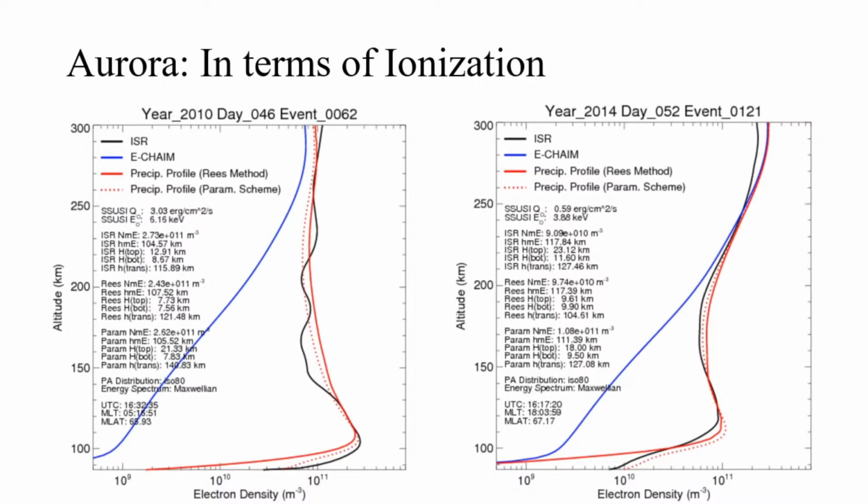What this means in terms of that profile of the electron density that you were imagining before, which is roughly given by this blue line here, is that ionization causes a substantial enhancement in the electron density and ion density, or plasma density, of the ionosphere, given by this black curve here. Similarly, in this situation, the red curves are actually a model that I made that I'll be discussing later.